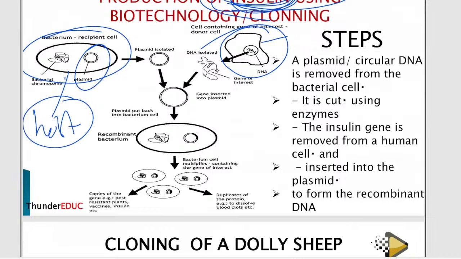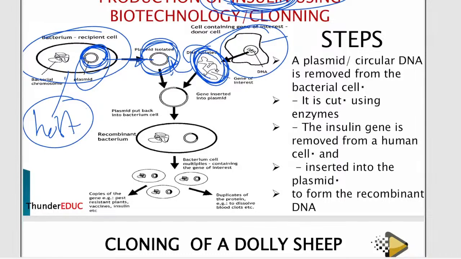We remove the gene for insulin from the organism, in this case from the human, because we want to multiply the insulin of the human. We remove the plasmid from the bacteria and separate it, meaning that now we have the plasmid and we have the gene. So our job is to insert this gene into a plasmid.